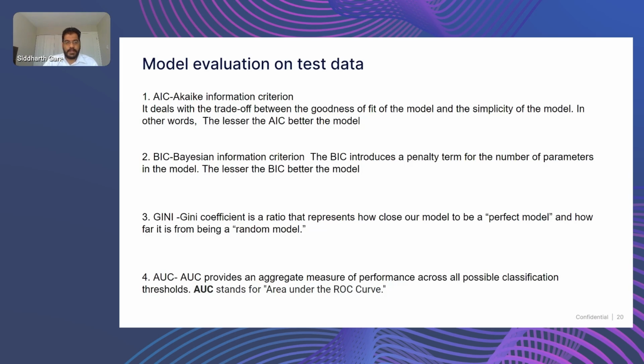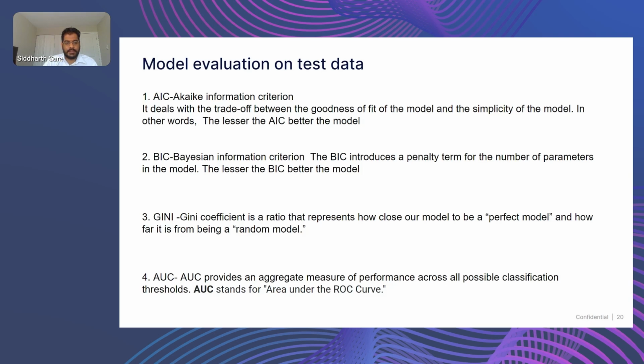So there are four criteria which we have used for model evaluation: AIC, BIC, Gini, and AUC. AIC and BIC should be less.